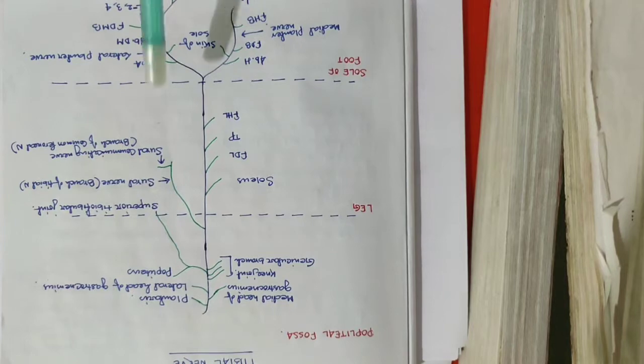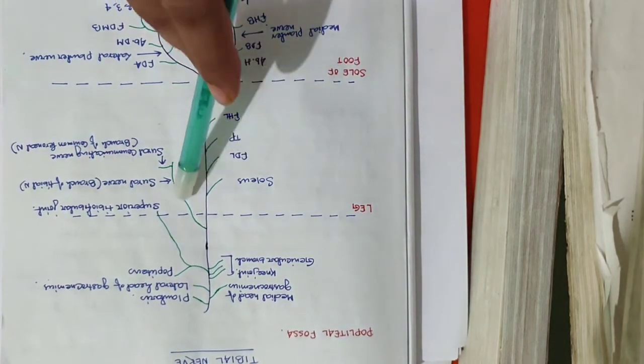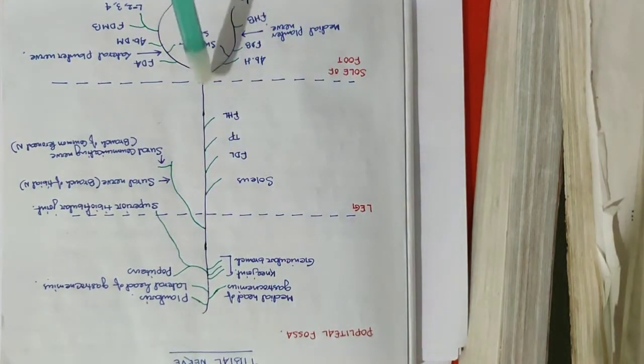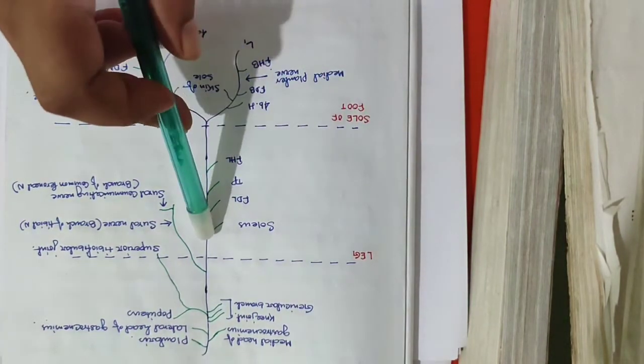Then it gives a cutaneous branch, called the sural nerve, and then in the leg it supplies all the muscles of the posterior compartment.